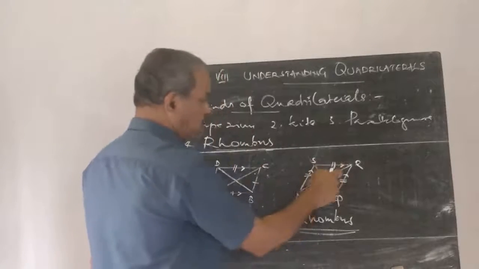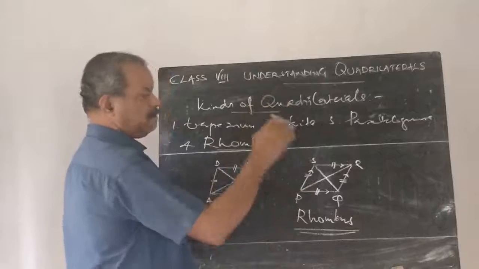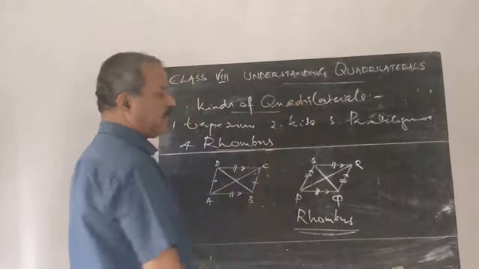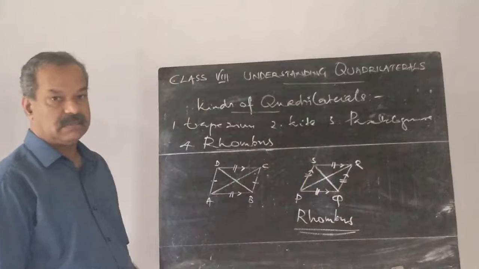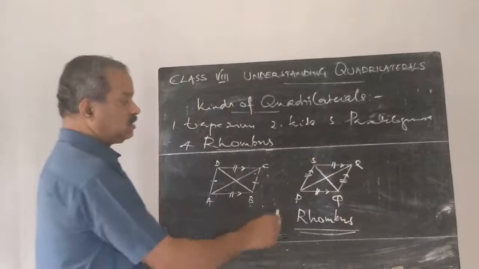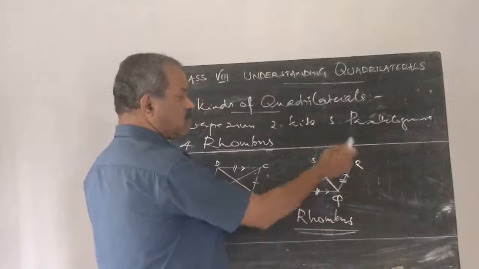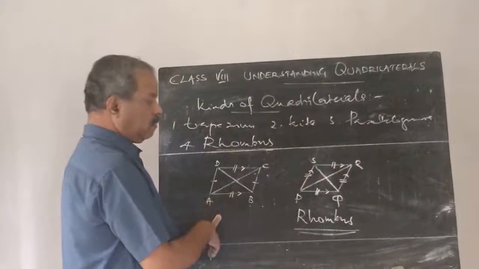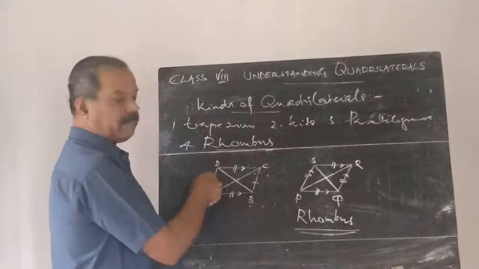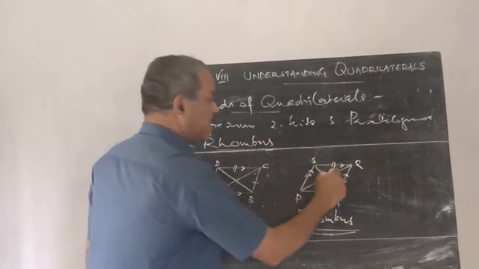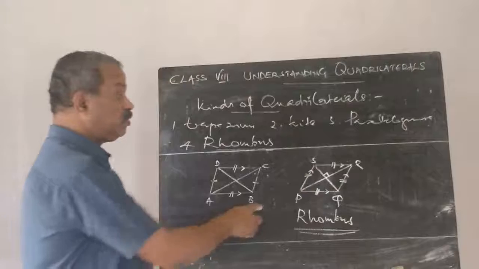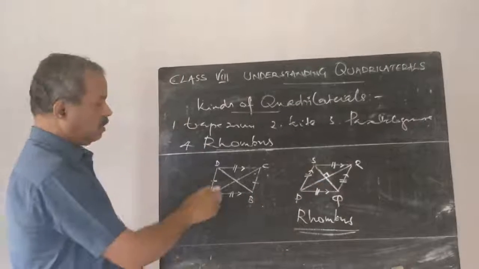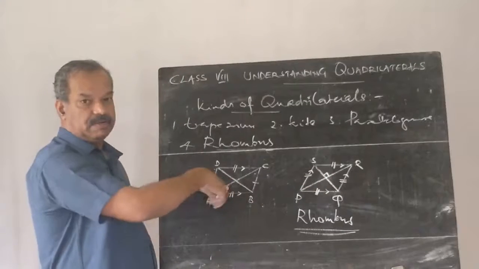Therefore, since a rhombus is basically a parallelogram, its diagonals also bisect each other. But since a rhombus has one more property which is not satisfied by a parallelogram, the diagonals are perpendicular bisectors. They are mutually perpendicular. Here the diagonals are not perpendicular in a parallelogram.